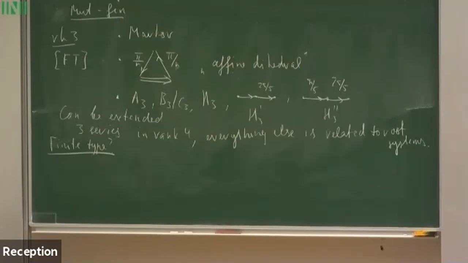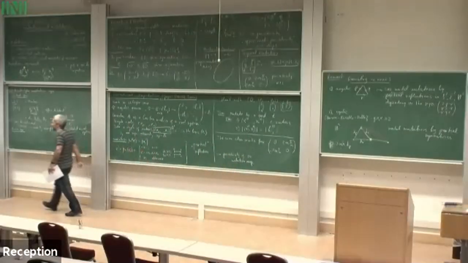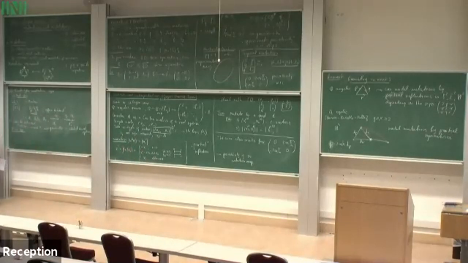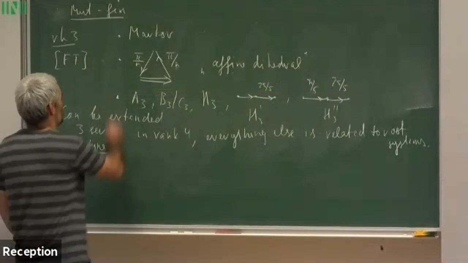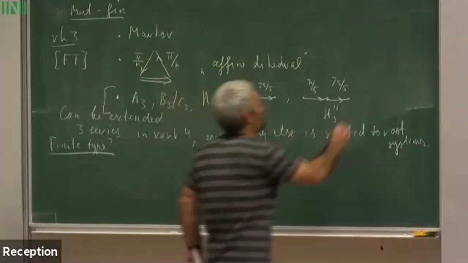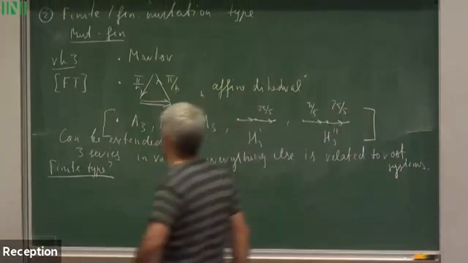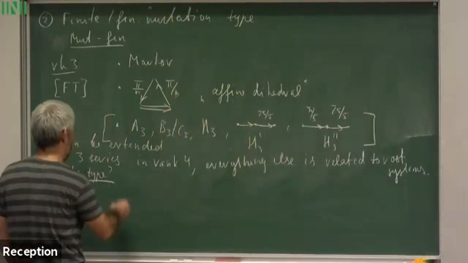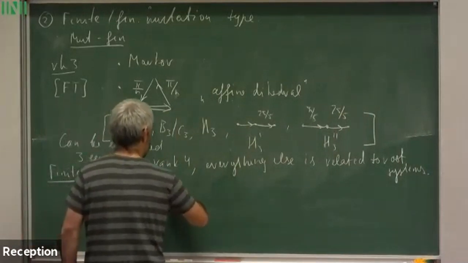We still stay in the root system, so we have only a finite number of possibilities. In this sense, this is a finite thing. It's quite easy to see that these are precisely the finite types, and in rank 4, we also have H4 and some variations.